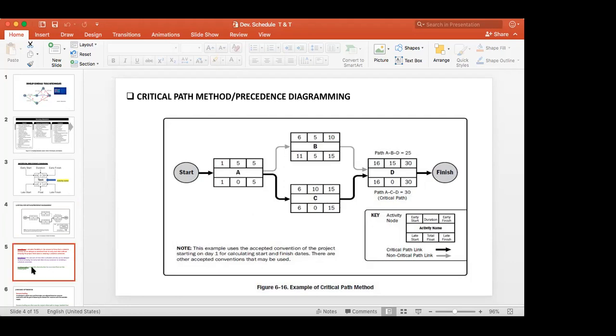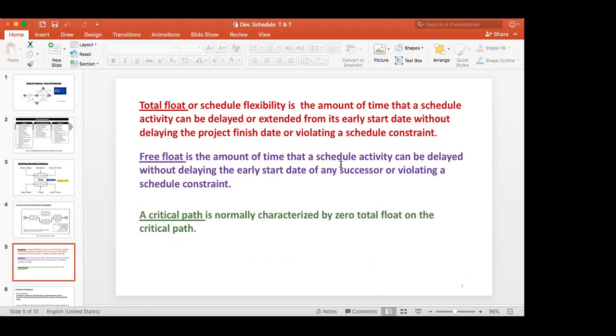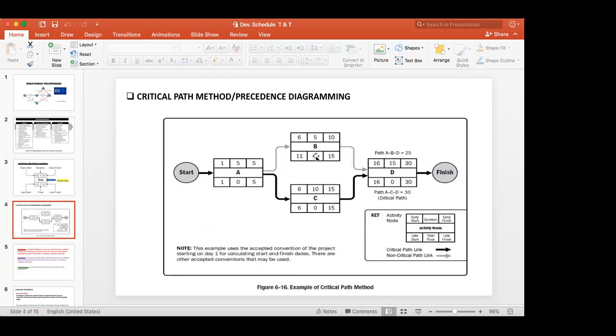Free float is the amount of time that a scheduled activity can be delayed without delaying the early start date of any successor. That I will explain. Critical path is normally characterized by zero total float on the critical path. That also I will explain. Here, this is the total float. In this one, there are 5 days of total float.